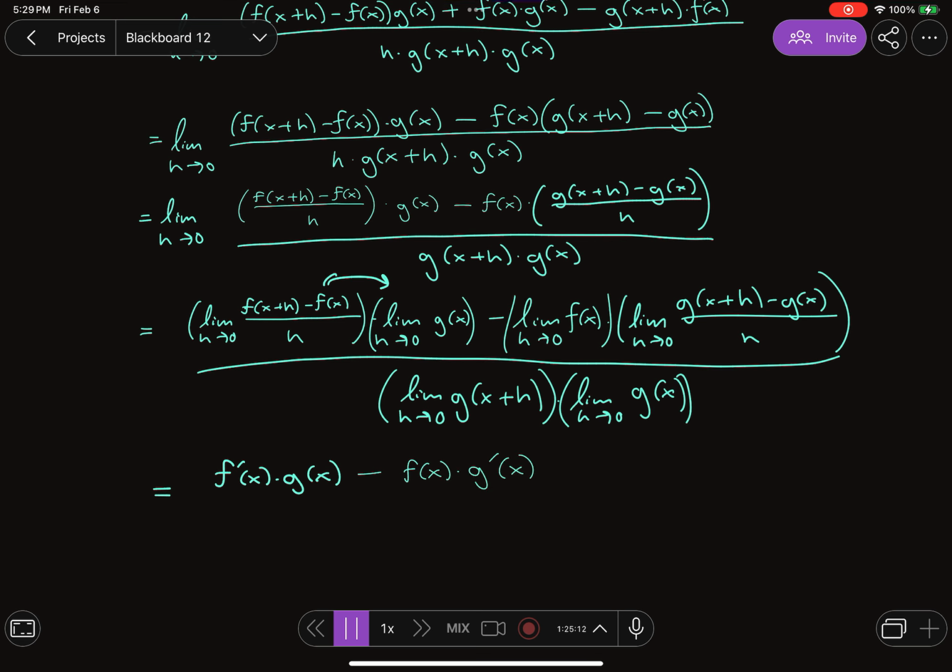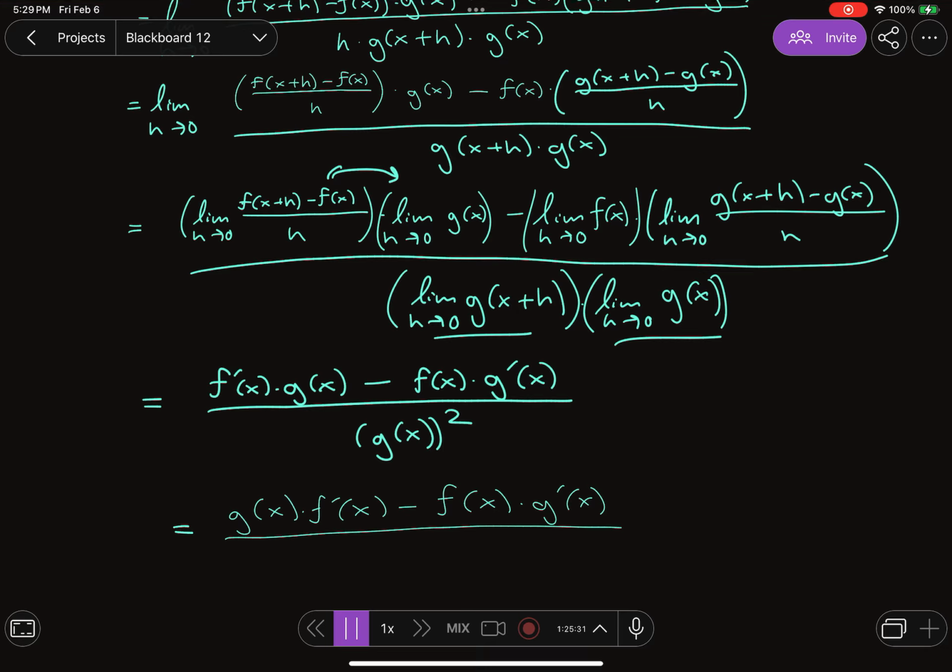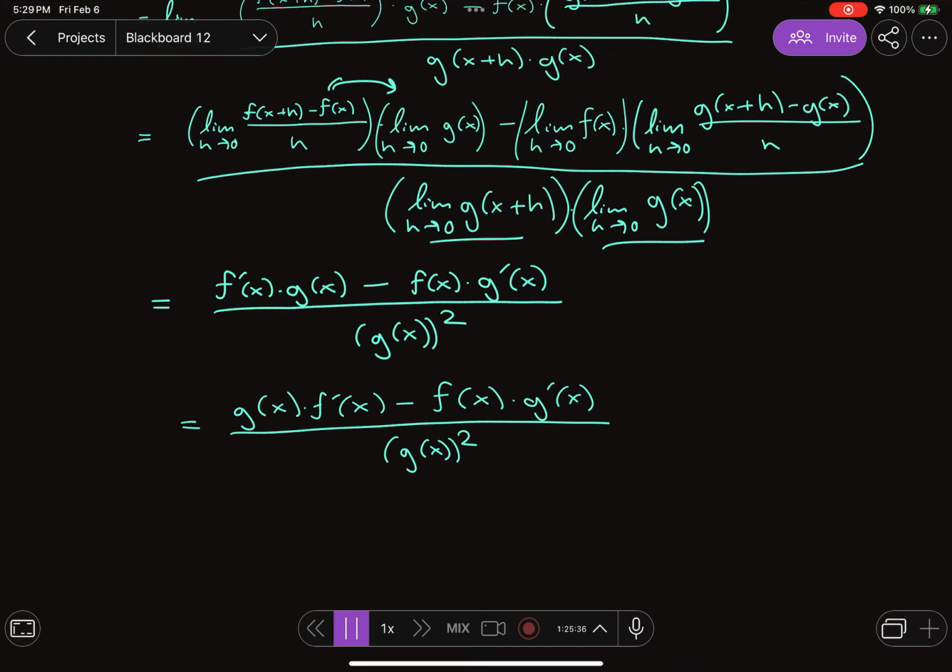All divided by, this is g of x, and so is this one. So that is usually written as g of x squared. This is just how it's usually presented: g of x times f prime of x minus f of x times g prime of x, all divided by g of x squared. And that is the quotient rule.